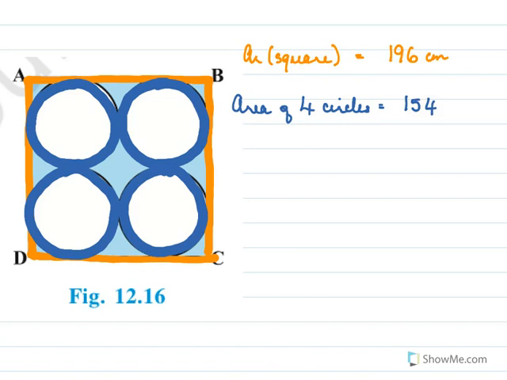equal to 154. Now to find the area of the remaining portion, we need to subtract both these.